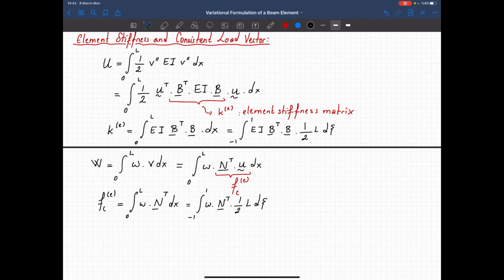Okay, so that's the equation for the stiffness matrix, and that's the equation for the element consistent load vector.